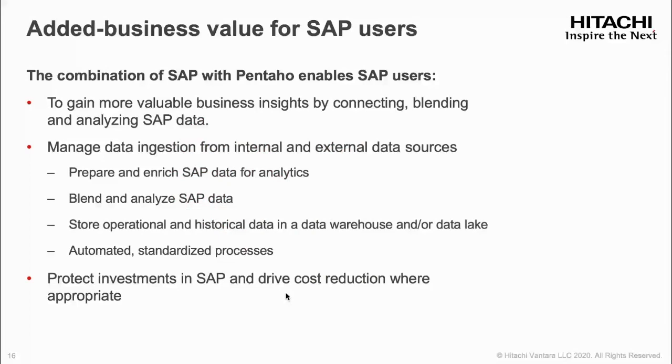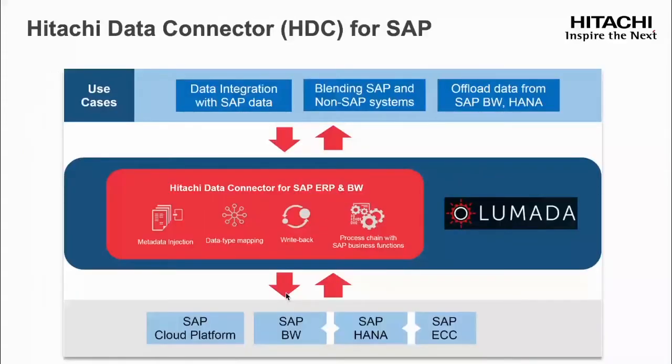So Hitachi Data Connector is also part of this talk. When Pentaho is some kind of the multi-tool for data management, the Hitachi Data Connector is probably the Swiss Army knife for working with SAP, overcoming all the challenges, or most of the challenges I have mentioned before.